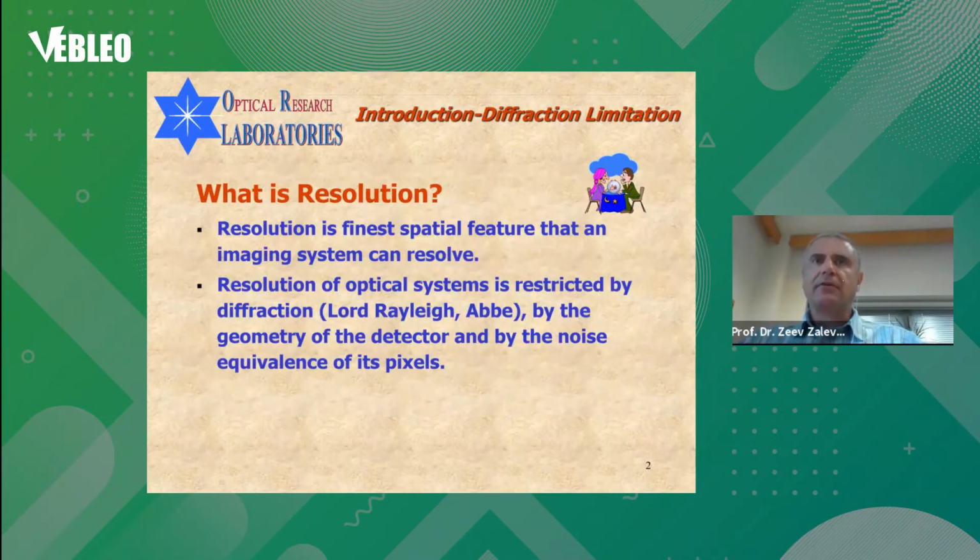Before speaking of how to improve resolution, let us understand what exactly resolution is. Resolution is defined as the spatial feature that an imaging system can resolve. It is very important to emphasize that resolution is related to space, to define a spatial feature that we can capture.